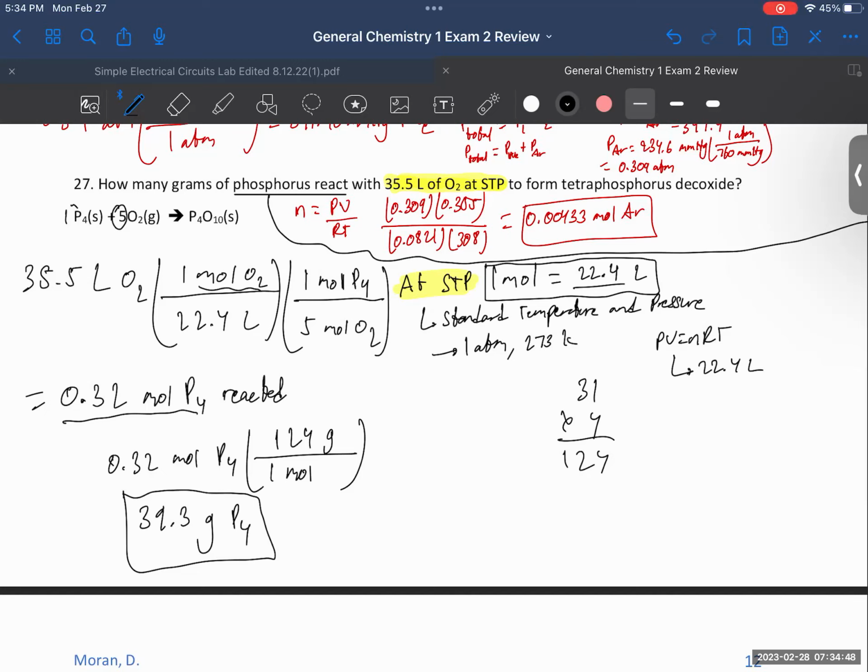I'll just say look at your problem. If it gives you a balanced chemical equation and it has you do something at STP, I'd say use your 22.4 liters. But if it gives you a pressure and a volume, or a pressure and a temperature, or a volume and moles that change, then you'd use your equations. Y'all get what I'm saying?